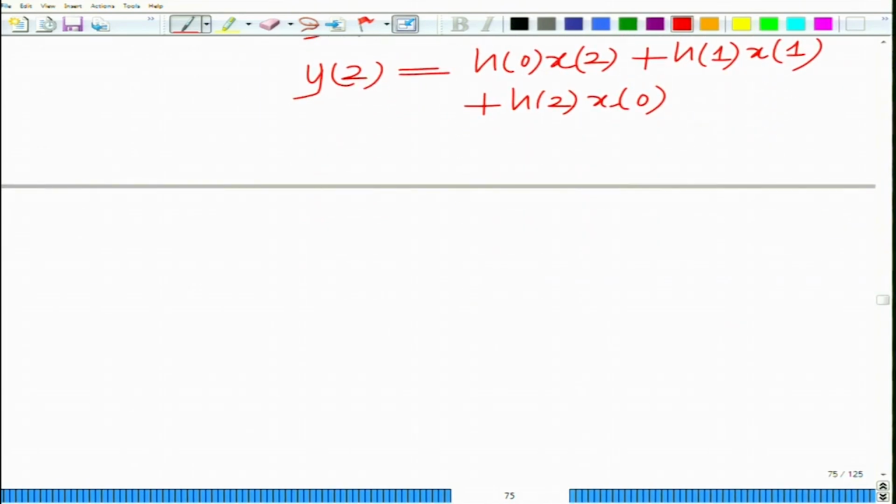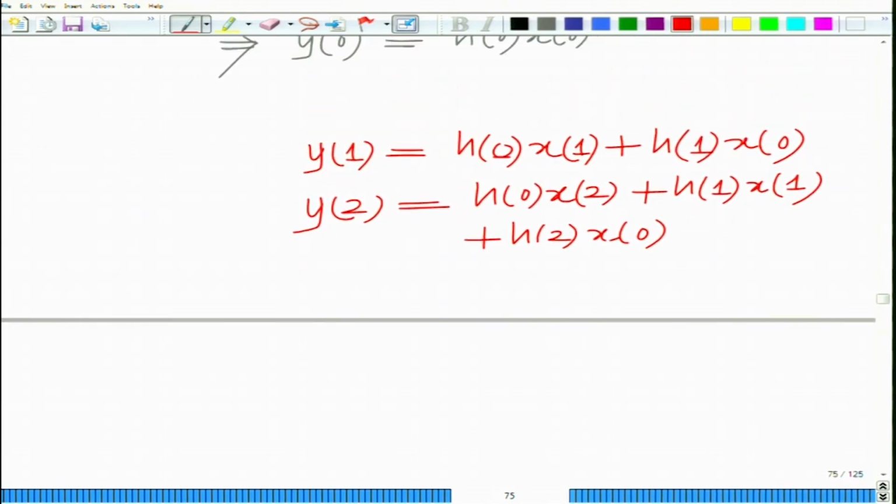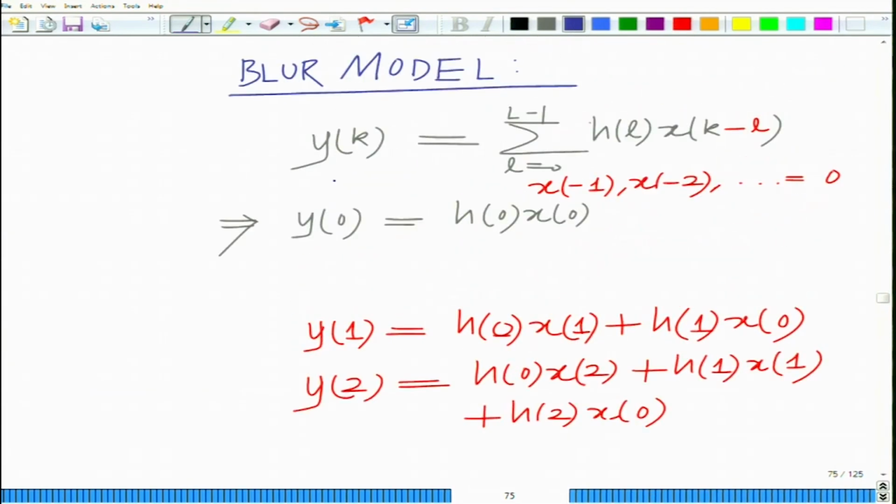So, this y of k is your output pixel, and these are your input, or original, image pixels.